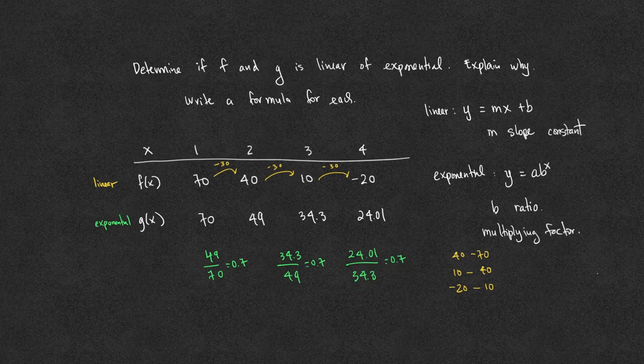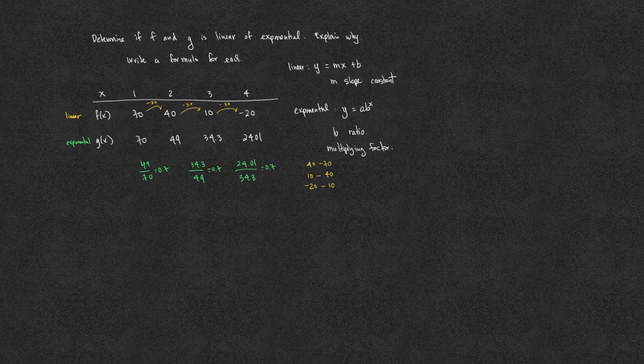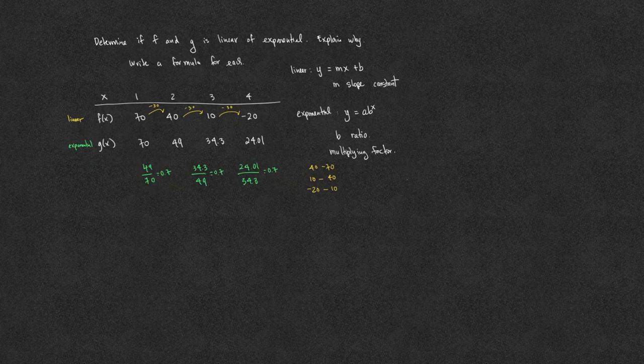Armed with this information, we're going to write a formula for f and a formula for g. The function f is linear, so f of x equals mx plus b. We saw that m is the constant rate of change, and so the slope is negative 30. It is the number that is being subtracted each time. X is the variable x.